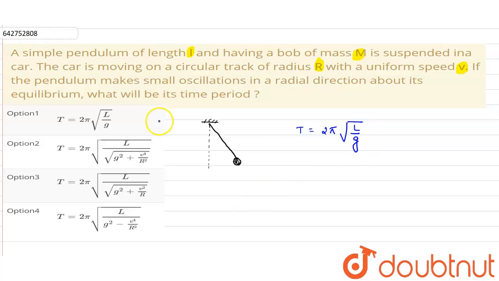But when the car is moving on the circular track with a uniform speed, one more acceleration comes into the picture, that is the centripetal acceleration. And this centripetal acceleration is given as v square upon r. So the net effective acceleration acting on the bob will be g effective equals under root of acceleration due to gravity whole square plus the centripetal acceleration whole square.